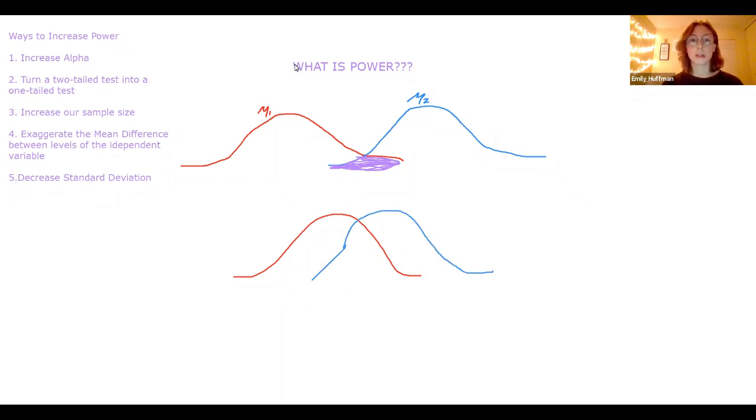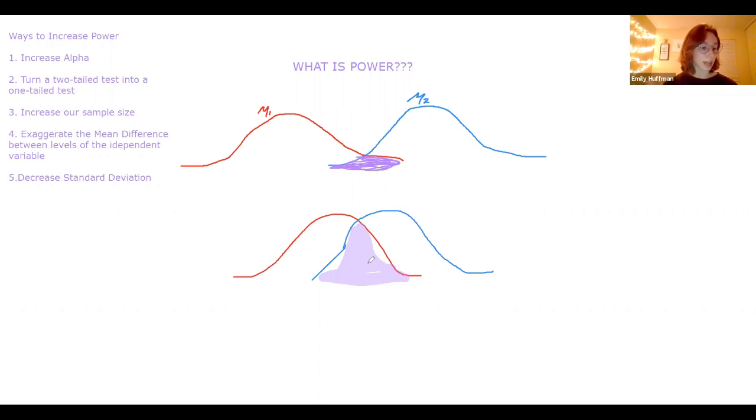Well, that's okay, because now if I highlight in purple, this overlap is bigger, and this is going to show us that there might be less of a chance to correctly reject the null hypothesis because the distributions overlap more.